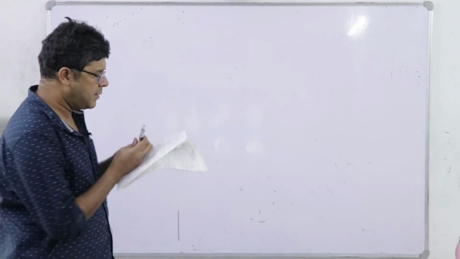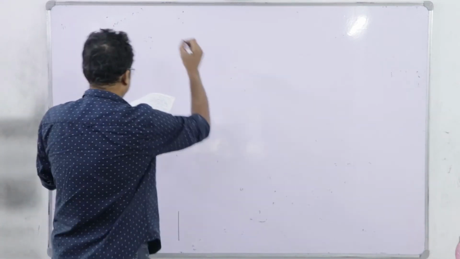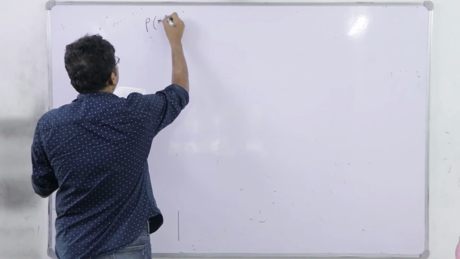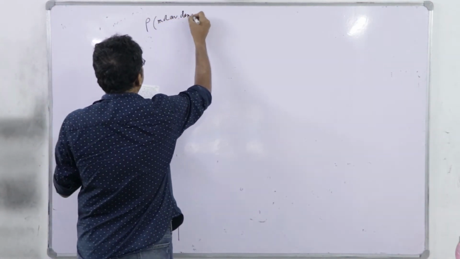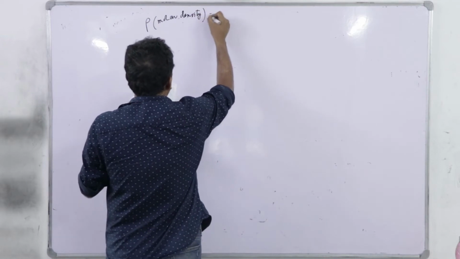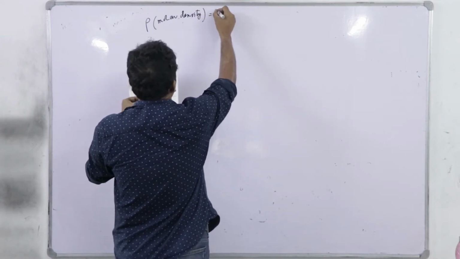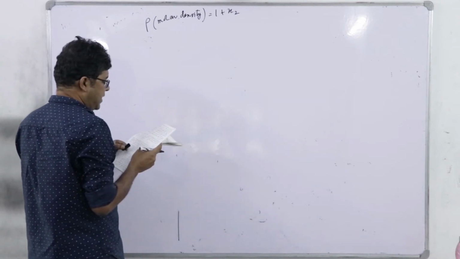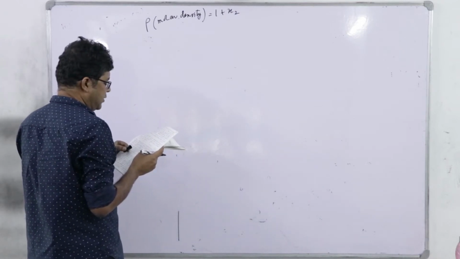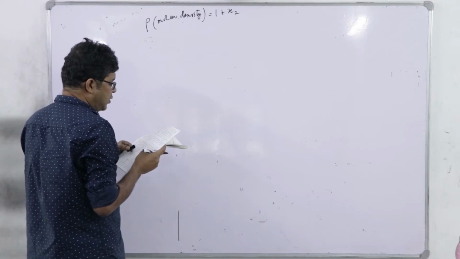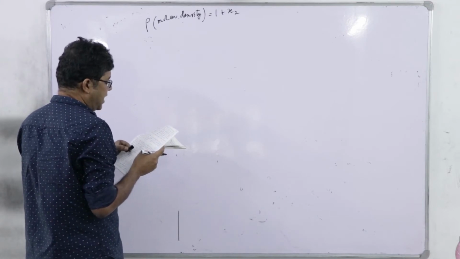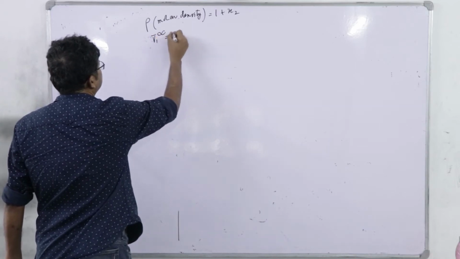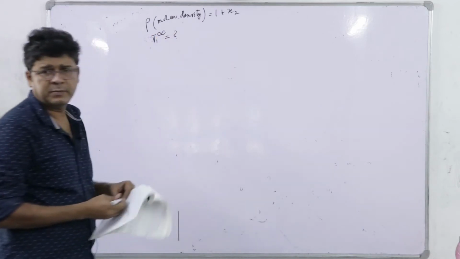At constant temperature and pressure, the molar density of a binary mixture, this is molar density, right, is given by 1 plus x2, where x2 is the mole fraction of component 2. Find the partial molar volume at infinite dilution for component 1. So, you have to solve for this V1 superscript infinity.